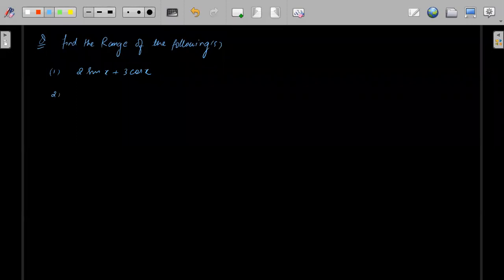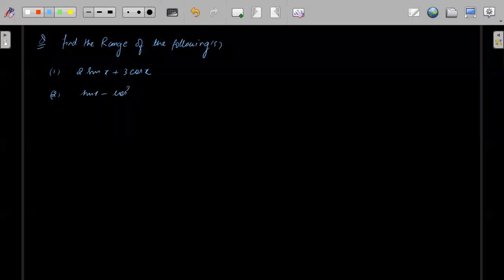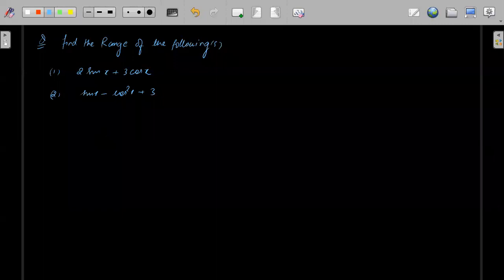And the second question is the same thing, find the range of sine x minus cos square x plus 3. Solve these two questions.